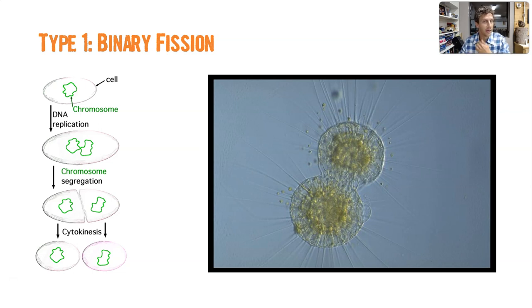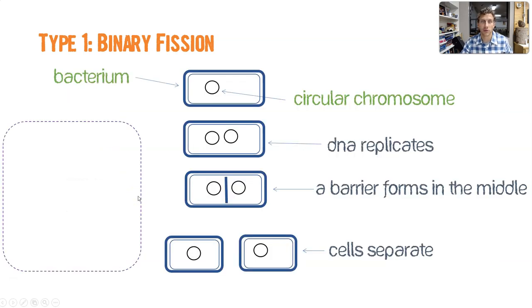What's happening is you get a single-celled organism and it replicates its DNA and splits in two. Very, very simple form of asexual reproduction. But because it's replicating its DNA here, both of the offspring have the same DNA. So they are clones of each other.